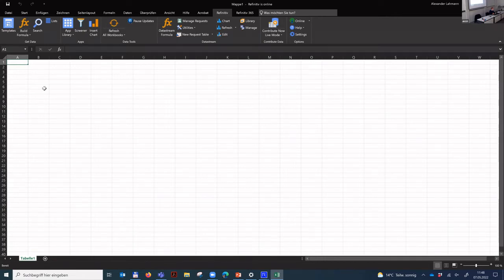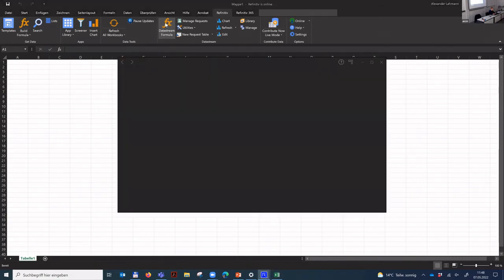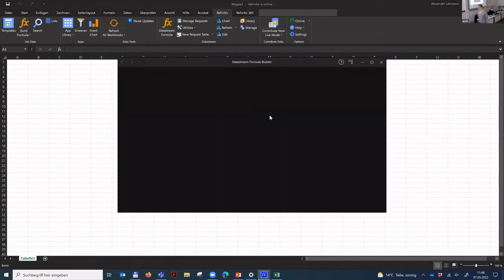For our case study, I will use one specific element, which is called the Datastream formula. The Datastream formula builder up here looks like this.